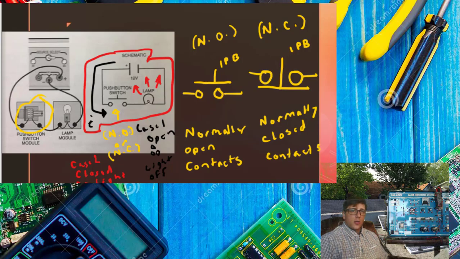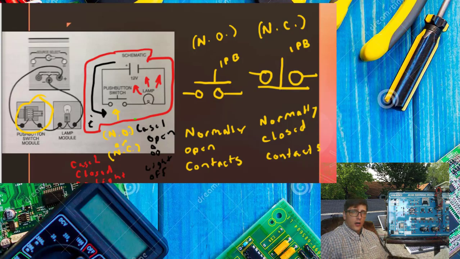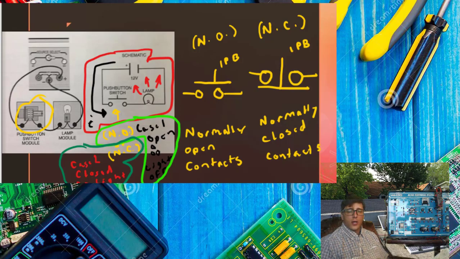I'm going to summarize here with green. In case 1 the lamp is off, and I'll use dark green for this one, which is case 2. Those are the two situations that we have here.